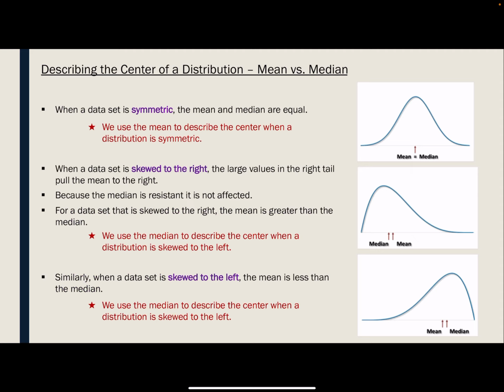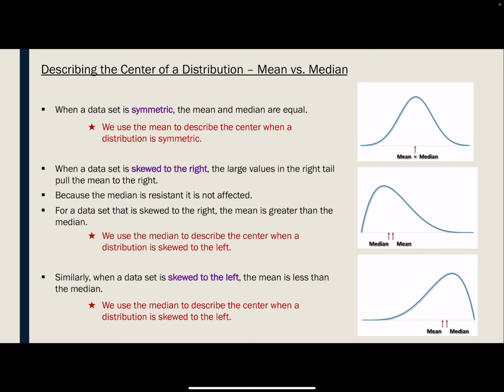So when a distribution is skewed, we would choose the median as the best measure for the center. When a distribution is symmetric, we choose the mean as the best measure of the center. And I think a valid question is, why the mean if both the mean and the median are the same?